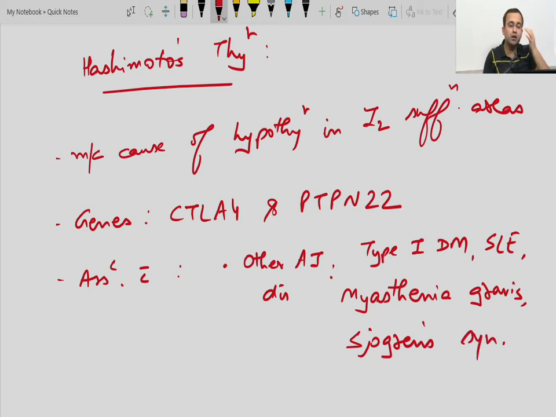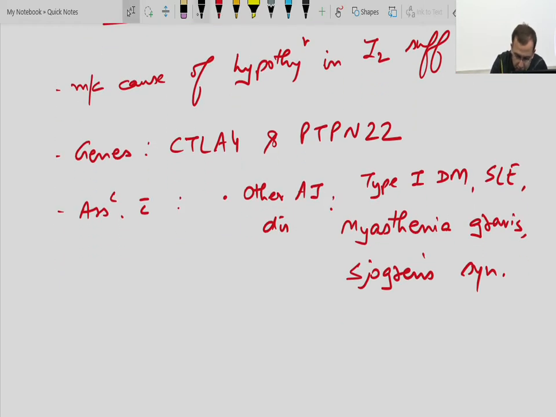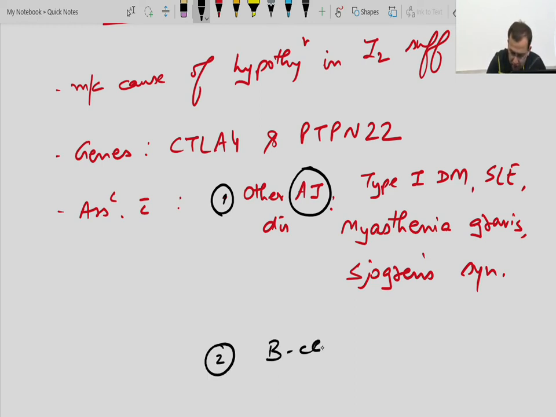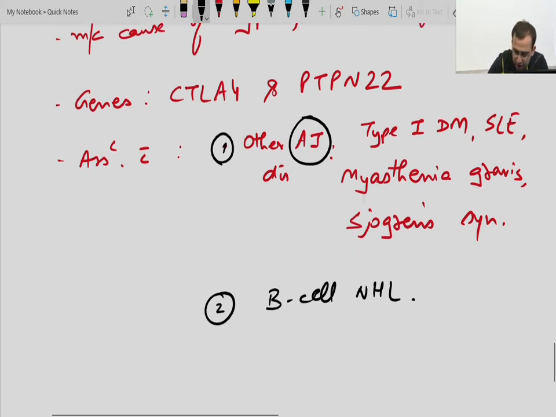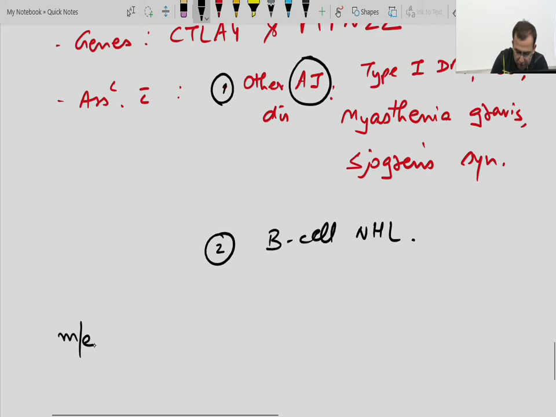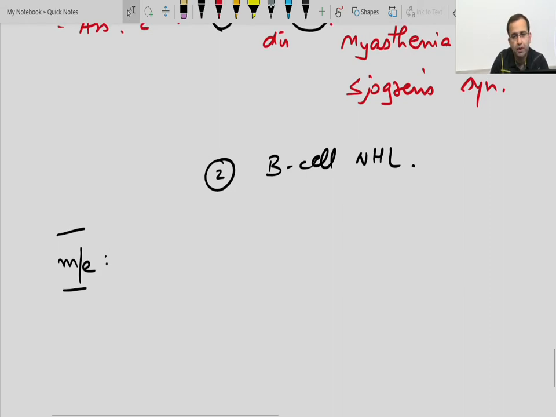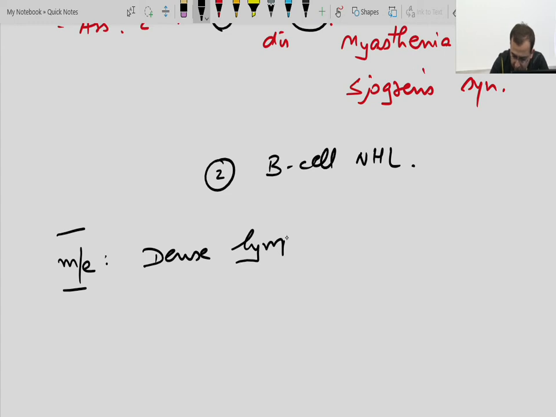All these are the other autoimmune diseases associated with Hashimoto's thyroiditis. Next, it is also associated with B cell NHLs. Next, extremely important, coming to the microscopy in Hashimoto's. Microscopically, it shows dense lymphocytic infiltrate.